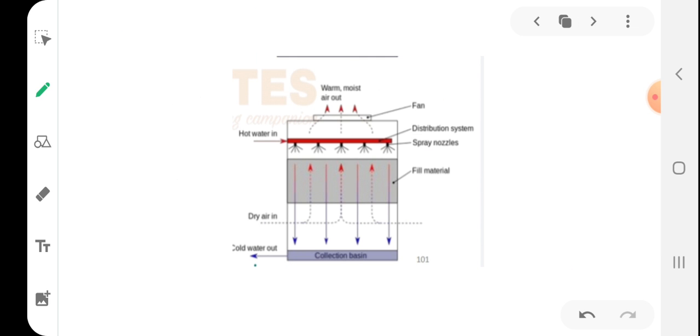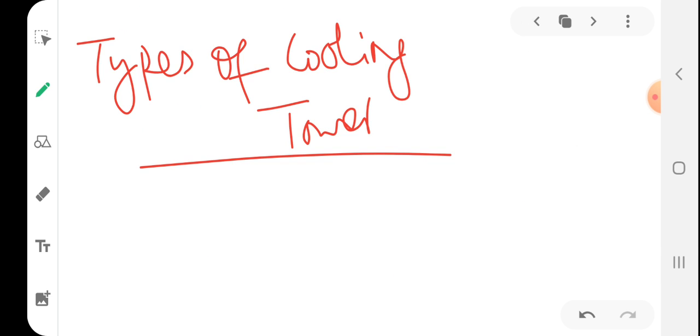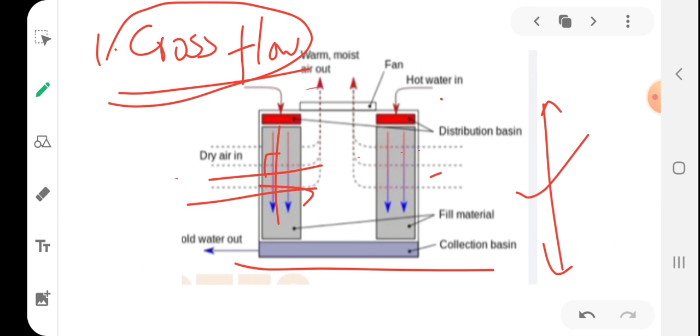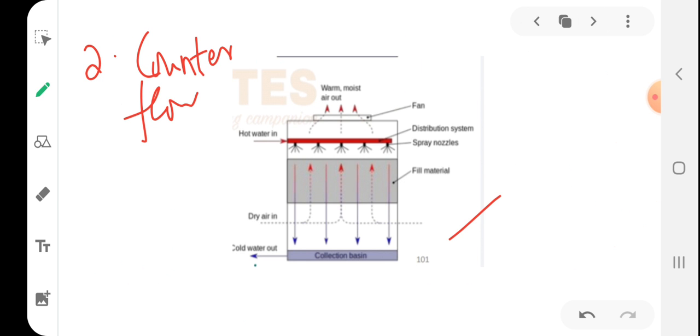The second type is counterflow. This is basically the same type of flow that we discussed in the introduction part. In counterflow there will be a distribution system, a nozzle.